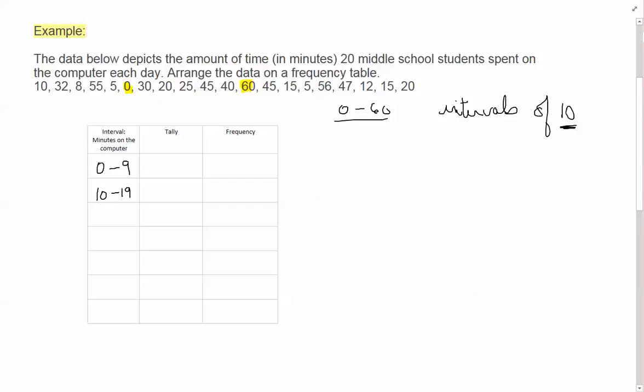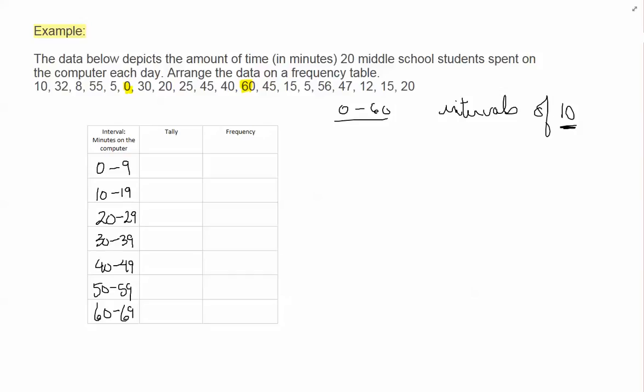You make the interval wide enough so it's not too wide and not too narrow, so that you have 6 or 7 intervals altogether. Then 20 to 29, 30 to 39, 40 to 49, 50 to 59, and 60 to 69.